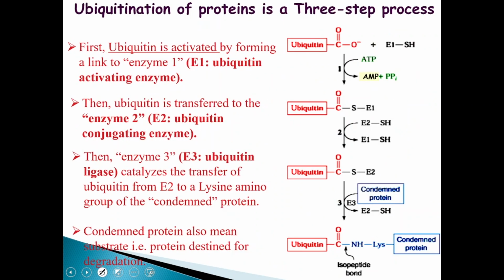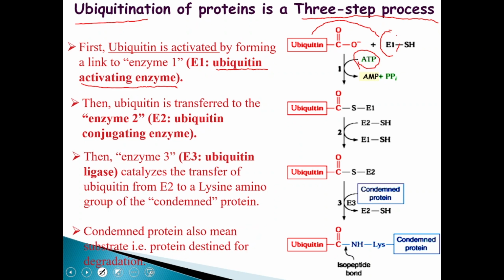So let's look at it. Ubiquitination is a three-step process involving three enzymes. The very first enzyme is called the ubiquitin activating enzyme. In the first step, the enzyme picks up ubiquitin on itself by using ATP. With the use of ATP, ubiquitin gets attached to this enzyme.